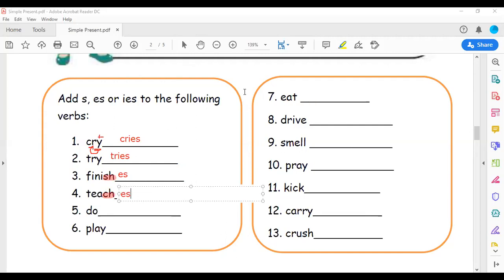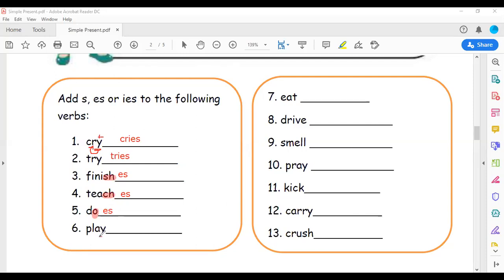Teaches. Okay. Number five. Do. At the end, what do I have? I have O. So what do I do? I add es. Does.